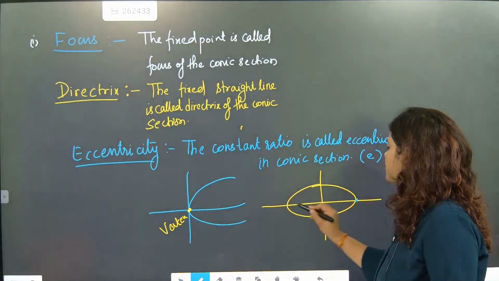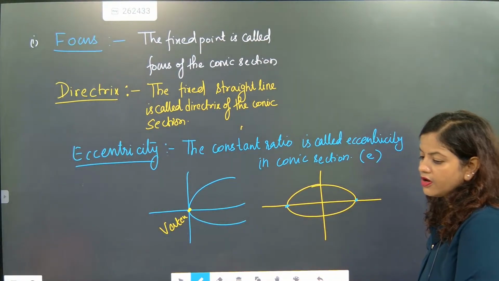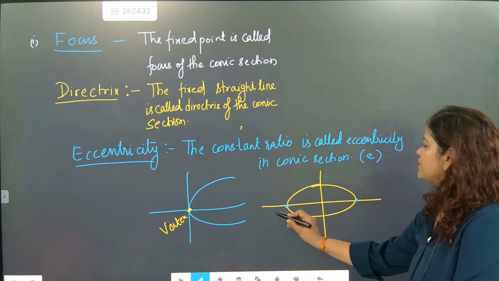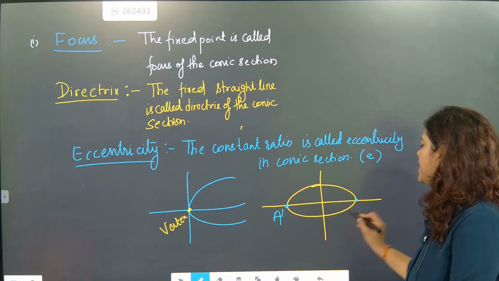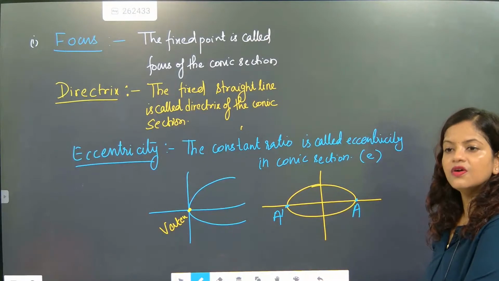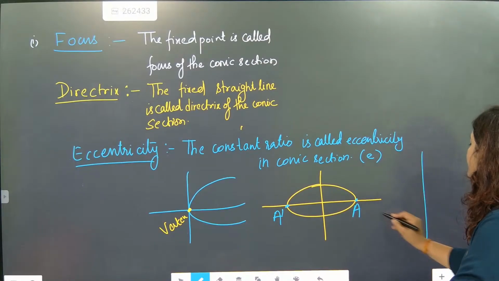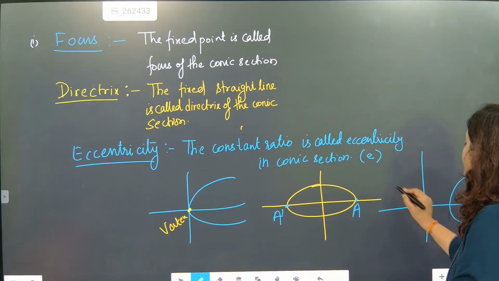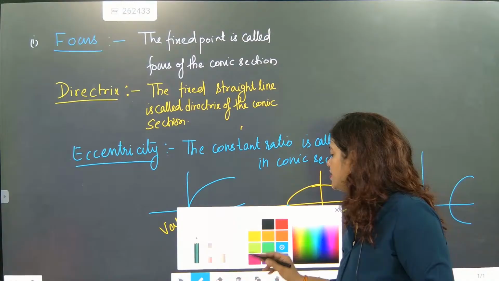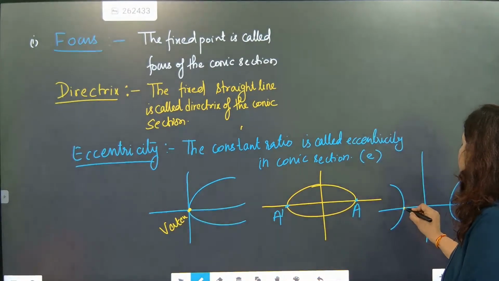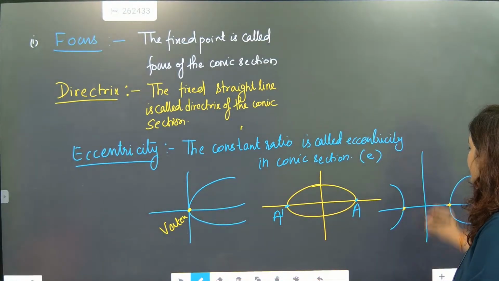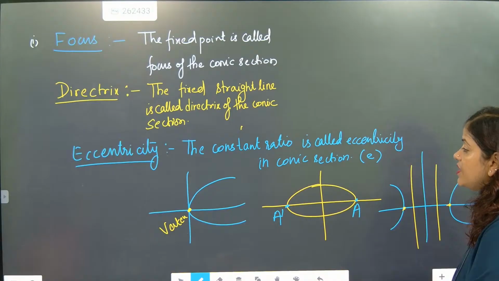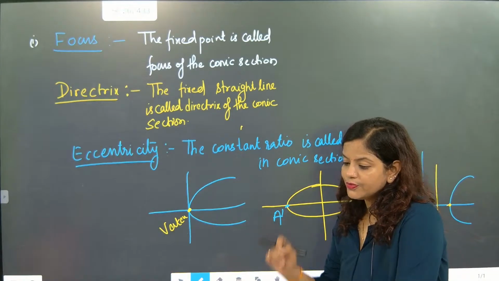So these are the vertex points. This A dash and A are considered as the vertex points. When we draw a hyperbola, in that particular case, beta, where is the vertex point? This is considered as the vertex point. So definitely we have come across most important points.